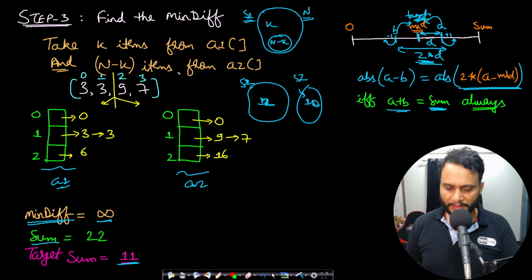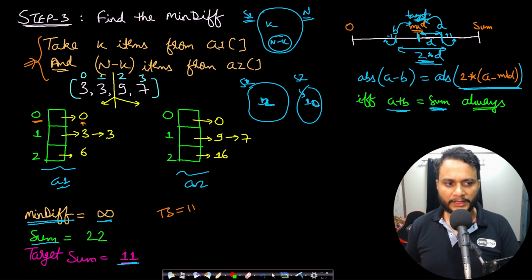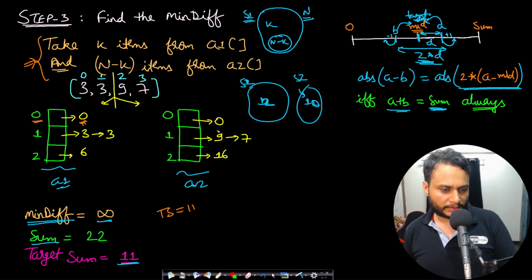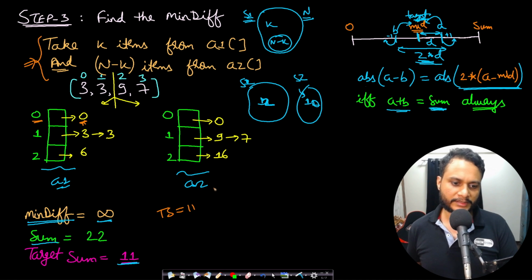Now a simple solution from this point can be: if I happen to include 0 items from the first array, then I will have 0, right? What is our target sum? Our target sum is equal to 11. If I include 0 from here, then what will be the target on the other side? The target on the other side will be 11 minus 0.